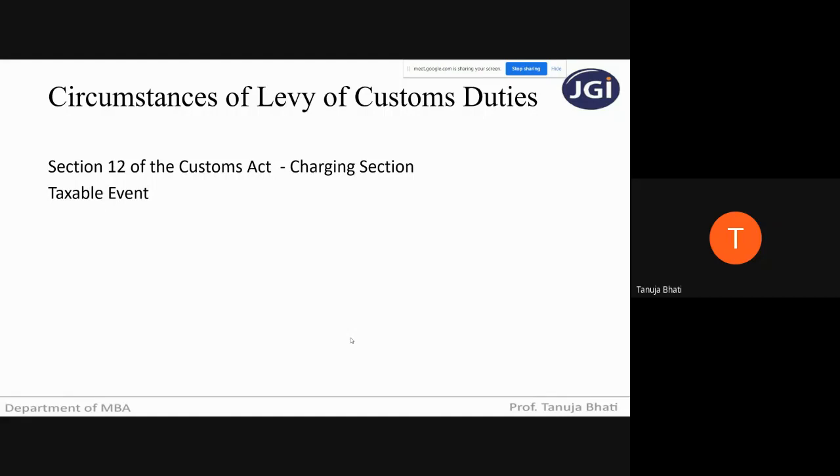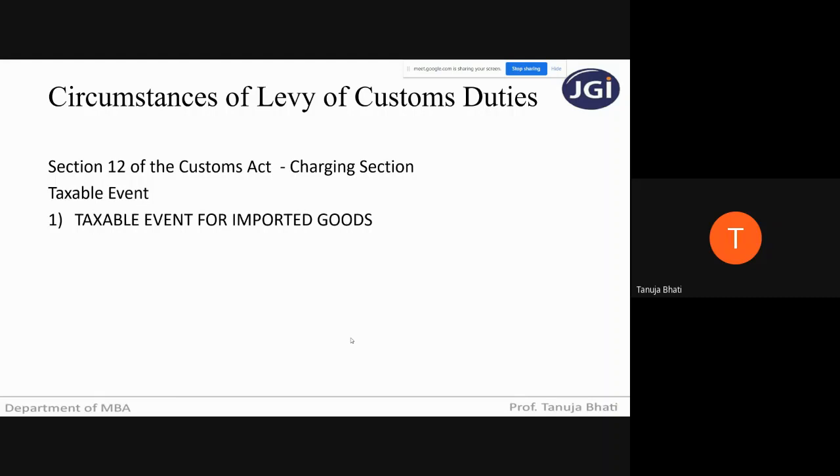So first let us see the taxable event for imported goods. Suppose you're importing the goods and the goods cross the 12 nautical miles, that is the territorial waters. When the goods cross the territorial waters, we know that the importation has been started, but it is not completed. When will it be completed? When the bill of entry is filed by the importer.